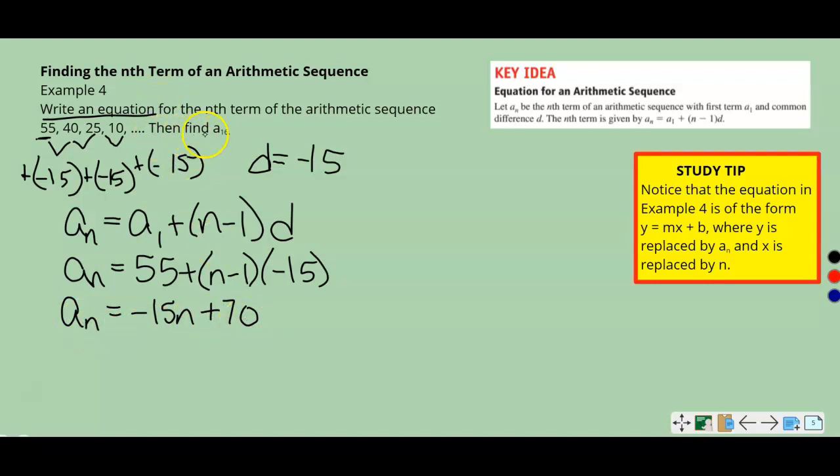Now, the second part of this question says find a sub 16. So we're going to say a sub 16, that means your 16th term, and we're going to take the equation we just found. So we have -15 times n. n is going to be 16 in this case, and then plus 70 is the rest of our equation.